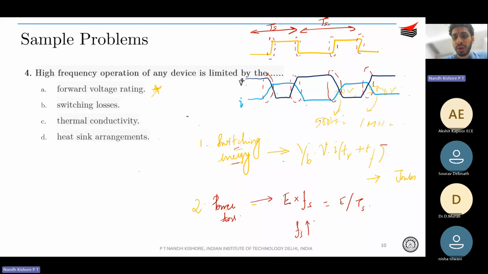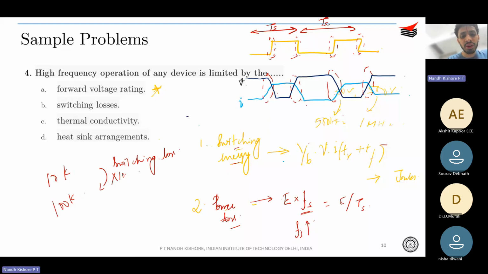Because the turn on and turn off are going to happen more often. So that will result in unnecessary switching losses. And you understand that the power loss is directly proportional to frequency, right? So you operate a device at 10 kilohertz and you operate a device at 100K, switching loss in the 100K case will be into 10.